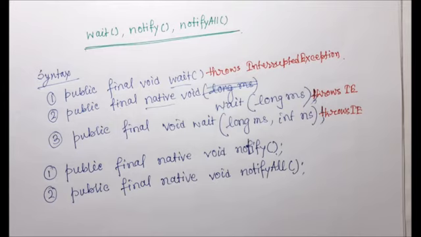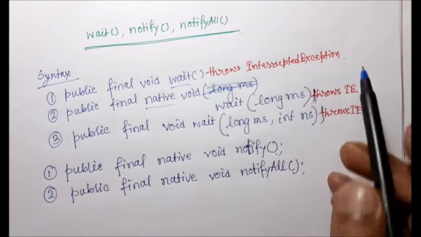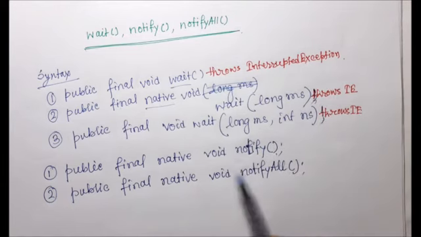When we call the wait method, there may be a chance of interrupted exception, which is why every wait method is followed by throws InterruptedException, but in the case of notify and notifyAll we do not need it. So this is the full signature of the notify and notifyAll methods. So we have 5 methods: 3 for wait, which is overloaded, and notify and notifyAll.